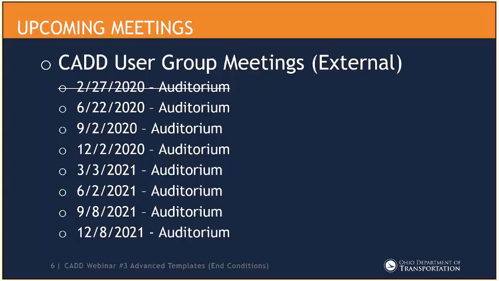The last CAD user group meeting, these are our big ones we have in the auditorium, was the end of February. Hopefully you were able to come to that or watch it live. We did show a lot of good stuff in there. We had a huge topic on SUDA, or what's now called Utilities and Drainage.